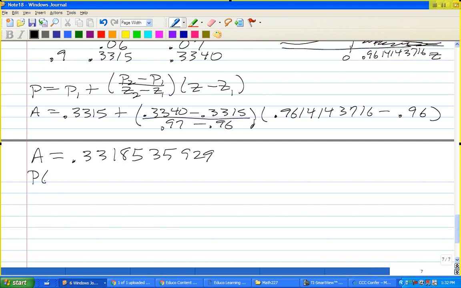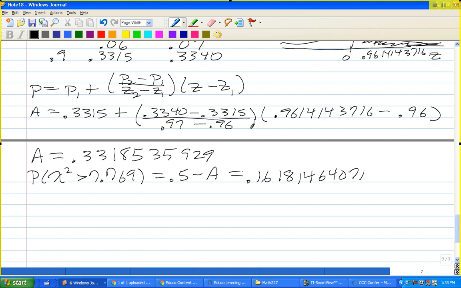And so the probability that chi-squared is greater than 7.769 is just 0.5 minus A. Plug that into your calculator and you get 0.1618146471.